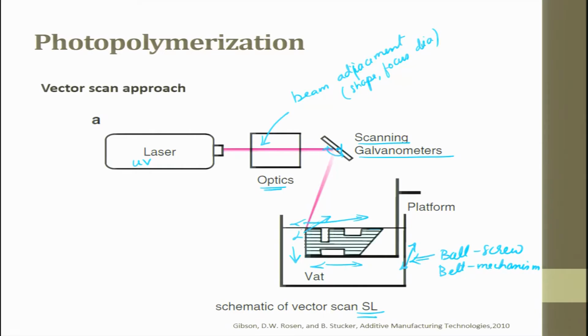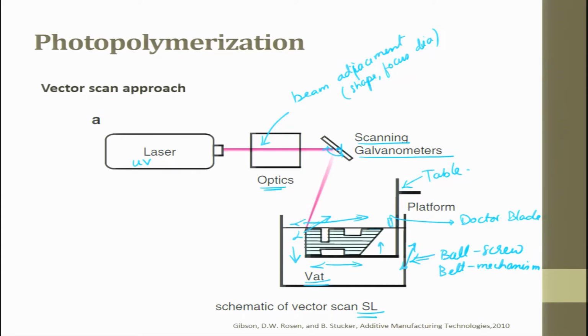So the repetitive curing of a layer and sinking down of the vat helps in building a 3D object. That vat is nothing but a container where the liquid polymer is held. This is a table which sinks, and then new layers get formed. There is also a blade kept here, called the doctor blade.